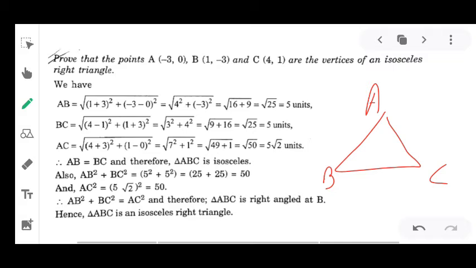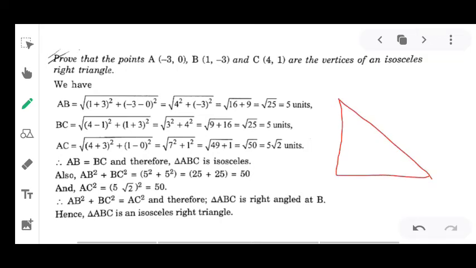Then I have to prove that these are the vertices of an isosceles right angle triangle, that means AB, AC and BC. Now we'll draw a triangle ABC. This is an isosceles triangle, that means AB equal to BC.